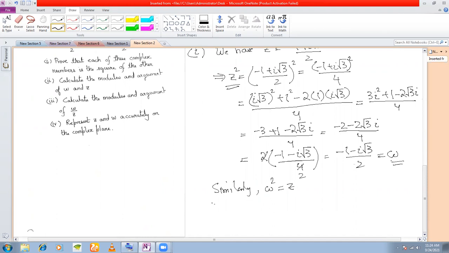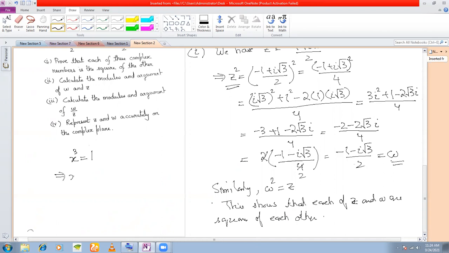Now, this shows that each of z and omega are squares of each other. This is a very important property actually of cube roots of unity. In fact, why we did this is because if you have the equation x cube is equal to 1, suppose, then you have to find x is equal to cube root of 1, isn't it?